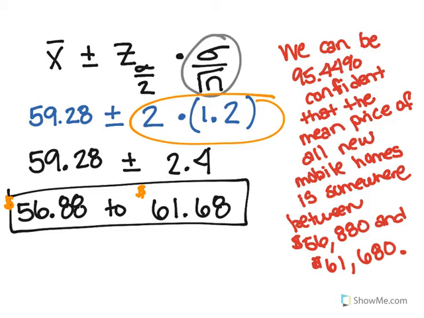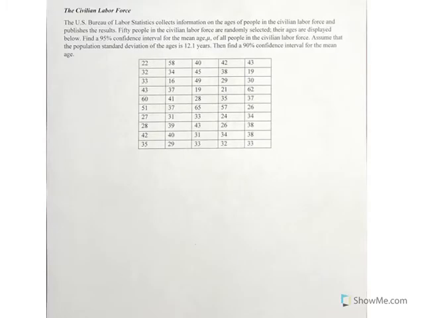Let's look at our next example. All right, we have the civilian labor force. So you have a chart here, and it says the U.S. Bureau of Labor Statistics collects information on the ages of people in the civilian labor force and publishes the results. 50 people in the civilian labor force are randomly selected.